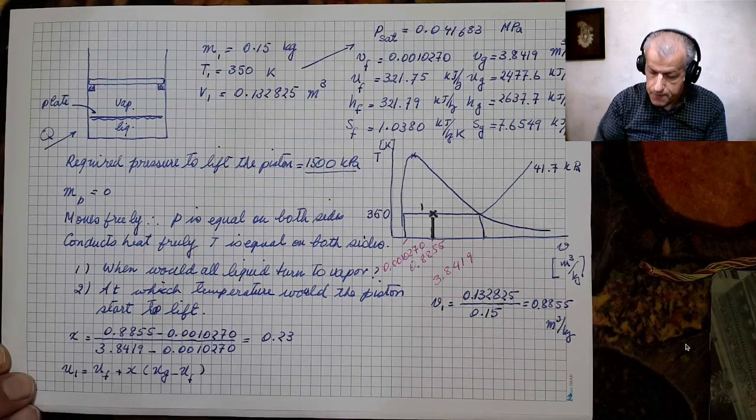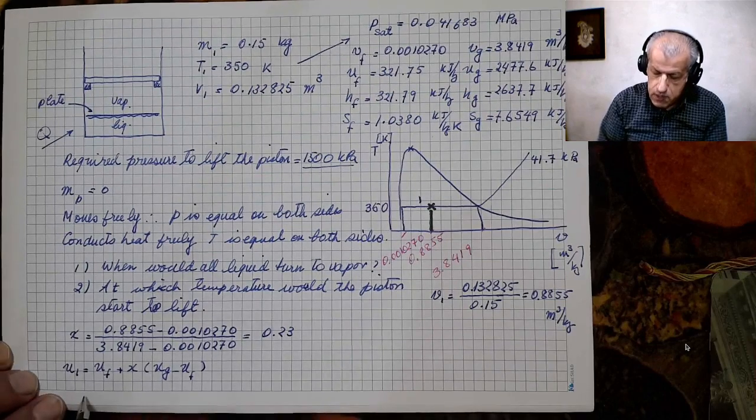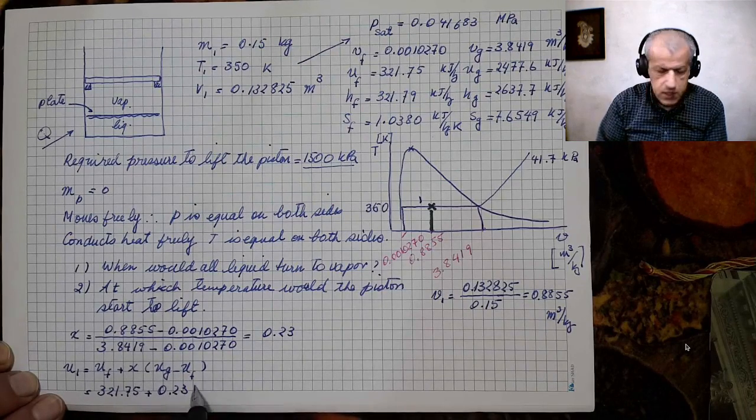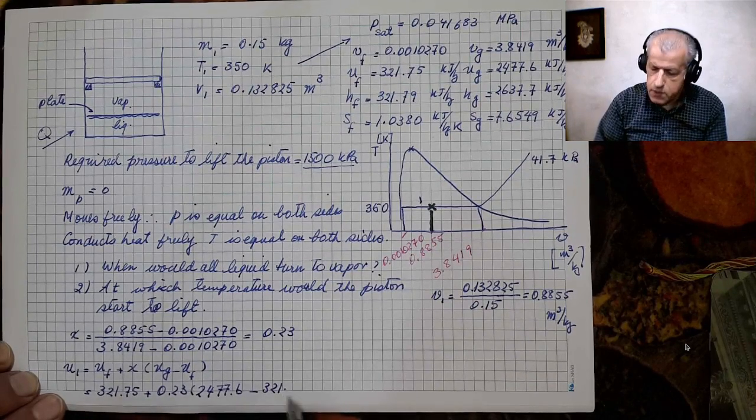And to put numbers to it, this would equal 321.75 plus 0.23 times (2477.6 minus 321.75).